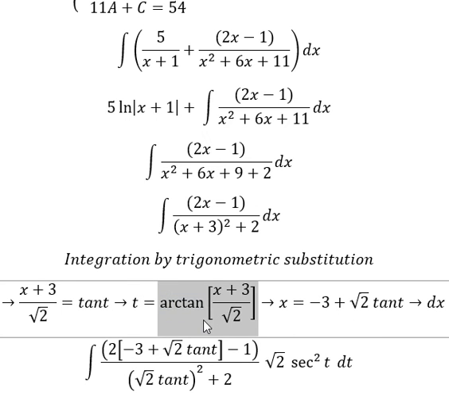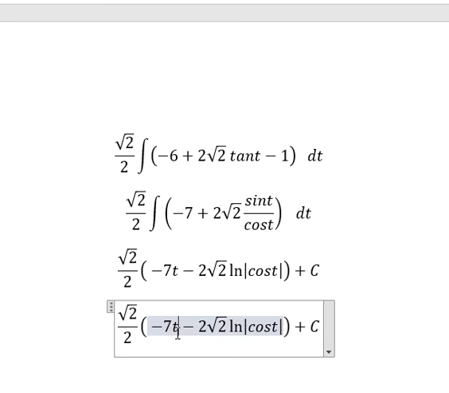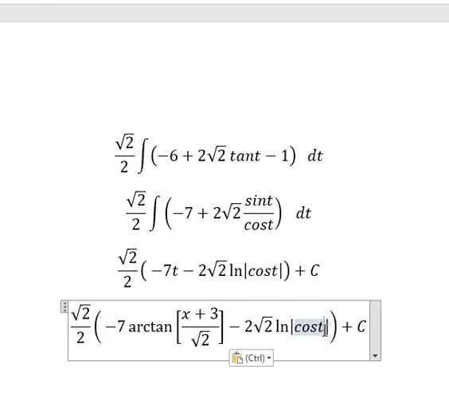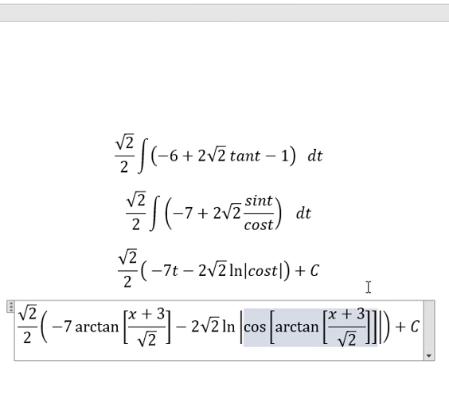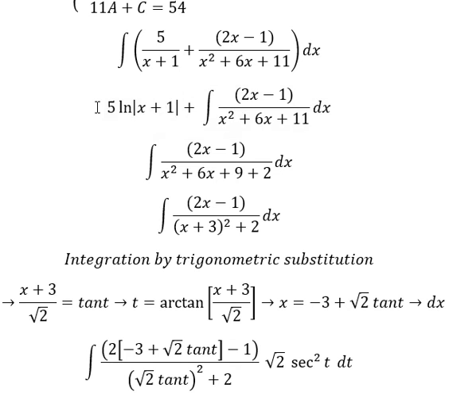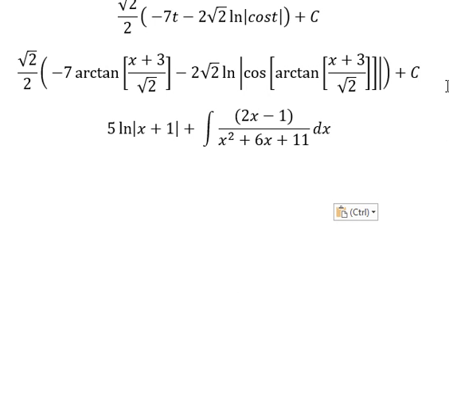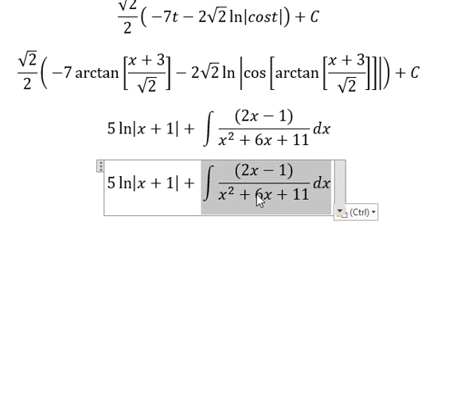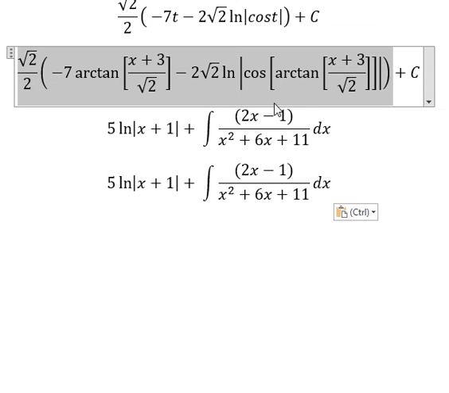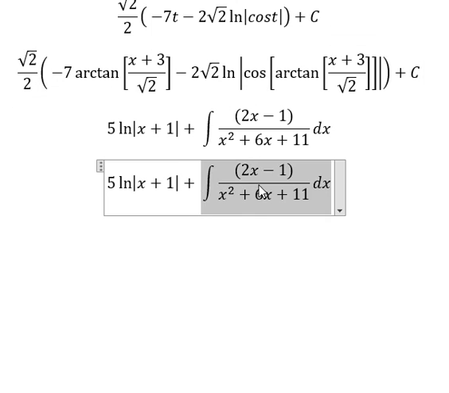So I will put this one to change for t. So we go back in here. The integration of this one is about this one.